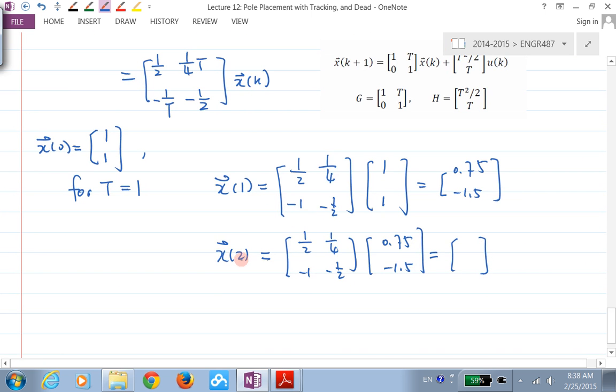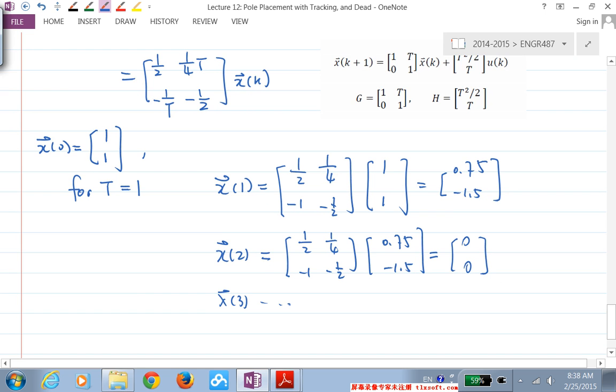So here it's 2 now, so you're supposed to get 0. If you don't get a 0, there's something wrong. But then you plug it in and you see it's 0. So that's essentially a verification. And then you can keep going. You can check x of 3 and keep going. They're all going to be 0.